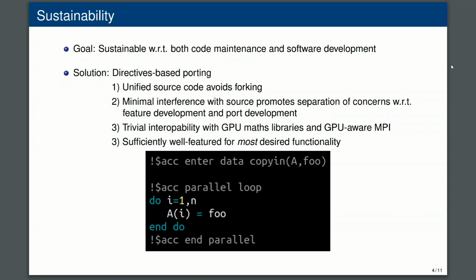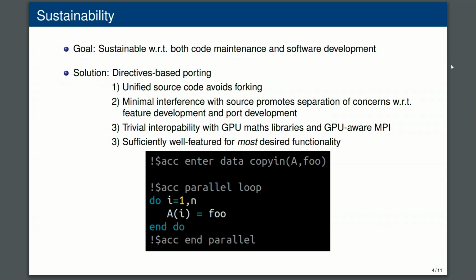The reason for this is that the directives-based approach immediately gives you a unified source code which avoids any forking in the code. This is something that other plane wave DFT codes have had problems with in the past. They've developed very sophisticated, very performant, say, CUDA-based codes. But unfortunately, by definition they become forks of the main branch, they end up in a dead end and then become orphaned, and they've had to start again.